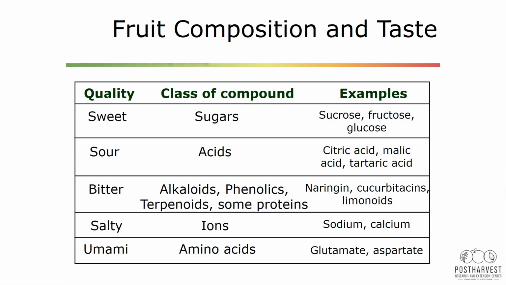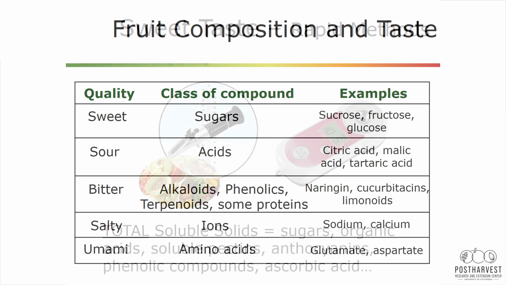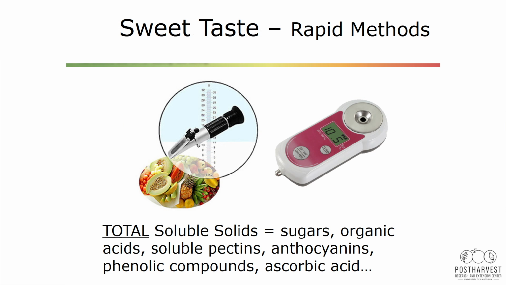Again, if you want to get at the internal composition and get a proxy for taste, you can use something like a refractometer, right? And again, you're juicing the fruit, you're getting out everything that's dissolvable in water, right? So the fruit is a big bag of water with a lot of stuff dissolved in it. So sugar is generally predominant.